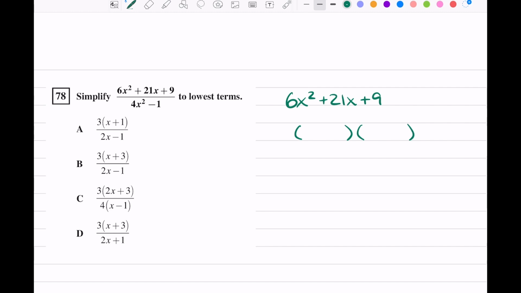However, we can make our job easier by noticing that each of our coefficients is divisible by 3, so we can factor out a 3. So our new polynomial looks like 3 times 2x squared plus 7x plus 3. So now we have some smaller numbers to factor.